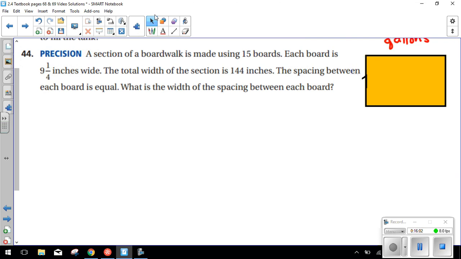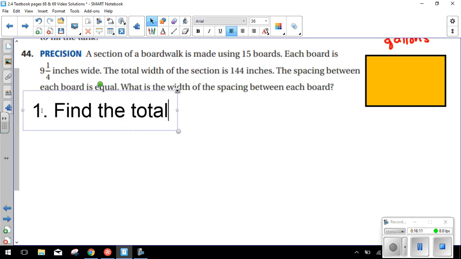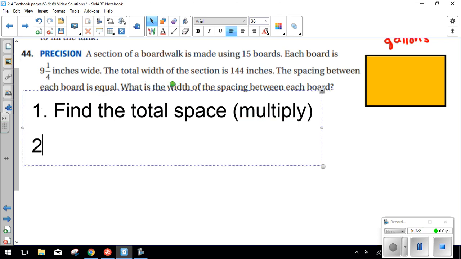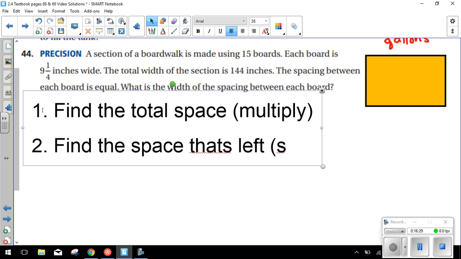The first thing we're going to do is find the total space, and what we're going to do is multiply. The second thing we're going to do is find the space that's left. And to do that, we're going to subtract.